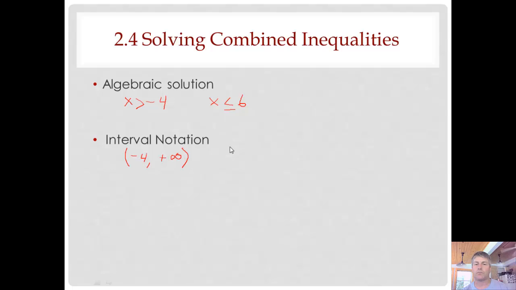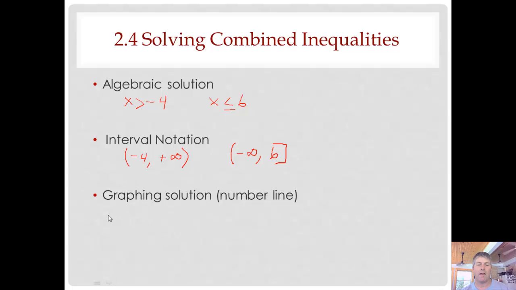Or if we have x is less than or equal to 6, well then we go negative infinity and 6, but we are including 6, so we would use a bracket. So there's an example of the interval notation for both of those. And then we would graph our solution as well. I might ask you to graph that.